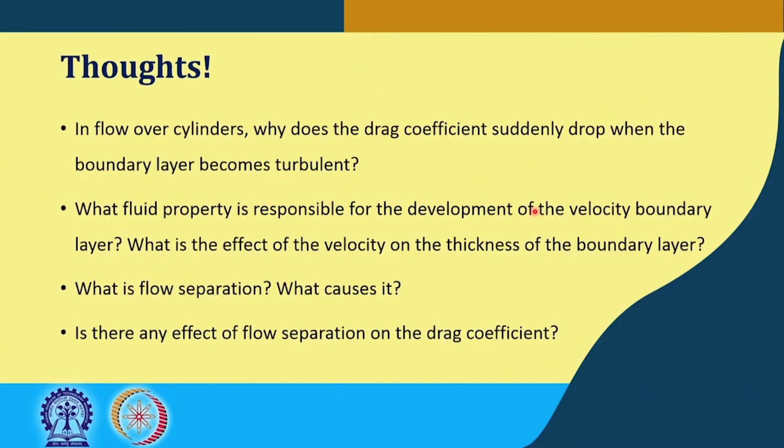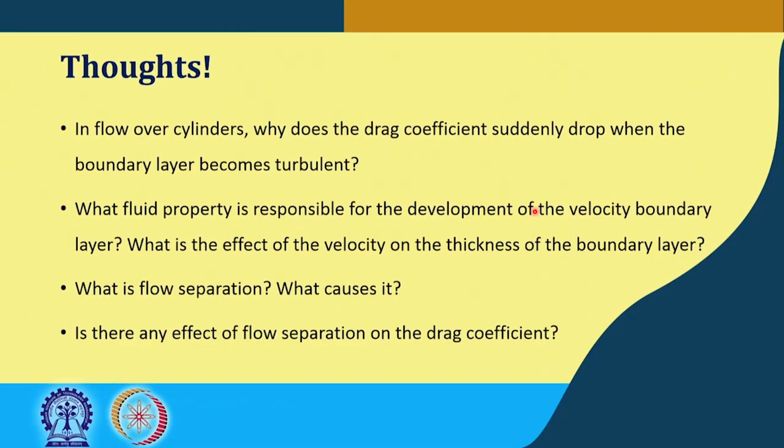Then I put these questions. If you have listened to the previous lectures, you will be able to understand, and you should think about this: in flow over cylinders, why does the drag coefficient suddenly drop when the boundary layer becomes turbulent?